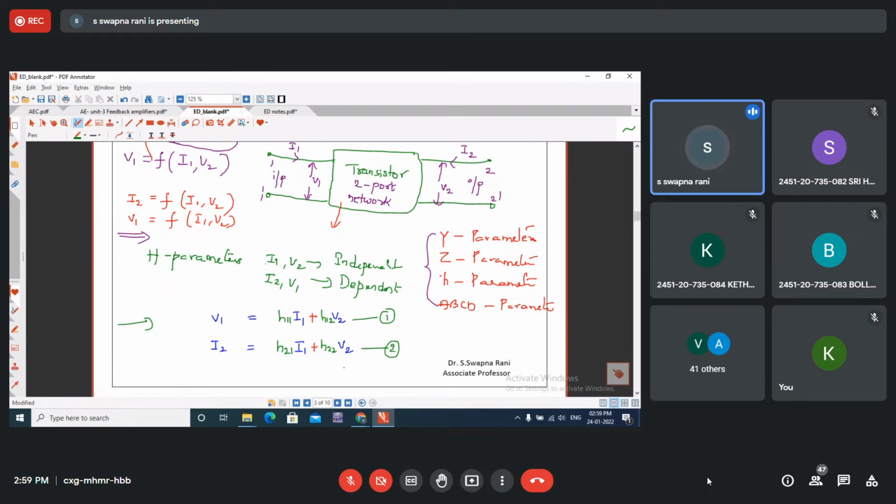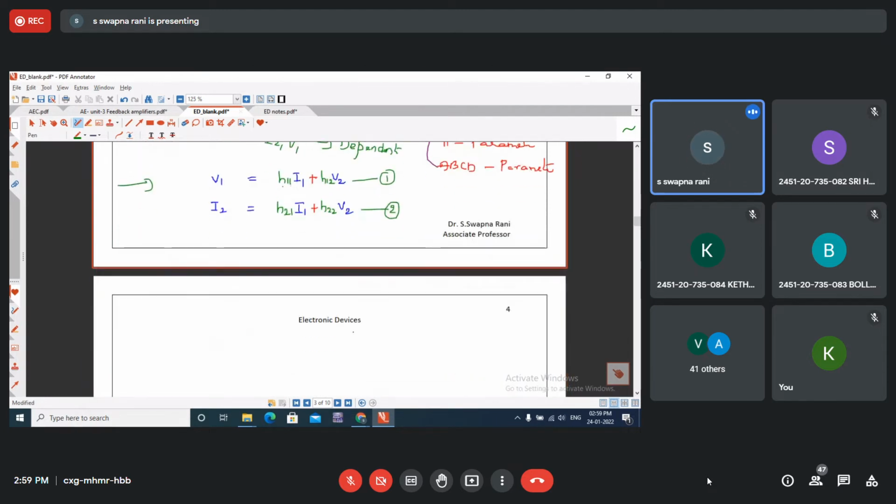We just know that it is a function of these, but we don't know how exactly they are related. So the proportionality constants are H11, H12, H21, H22. These are called the hybrid parameters.